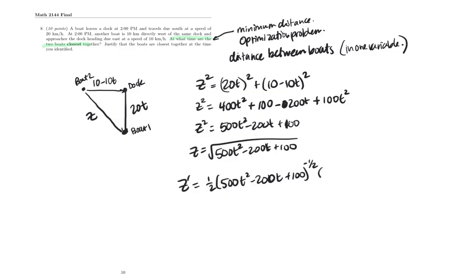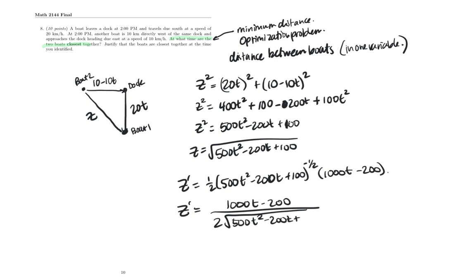And then times the derivative of the inside part, which will be 1,000t minus 200. And so z prime is equal to 1,000t minus 200 divided by 2 square root of 500t squared minus 200t plus 100.